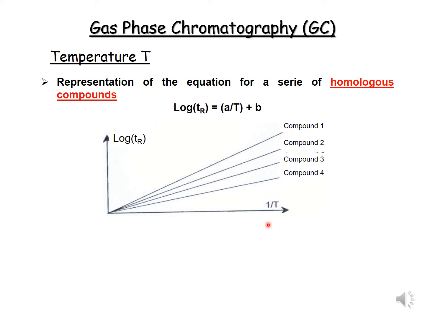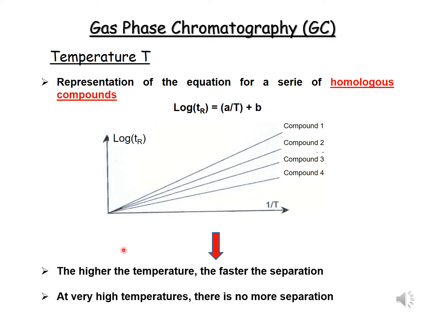If I decrease the temperature, of course, 1/T increases. So you can see that if I decrease the temperature, the retention time increases. And the higher the temperature, the faster the separation.